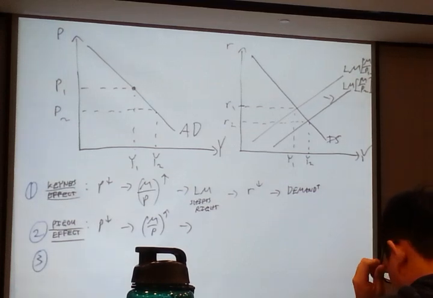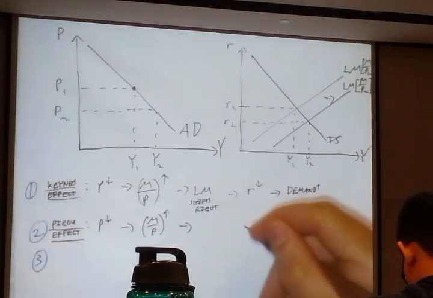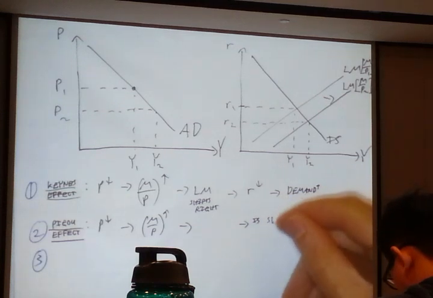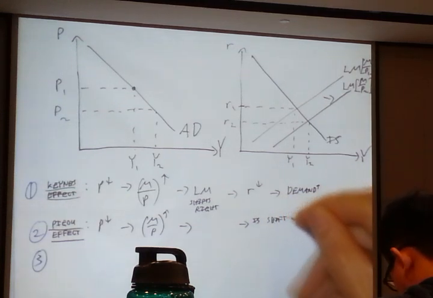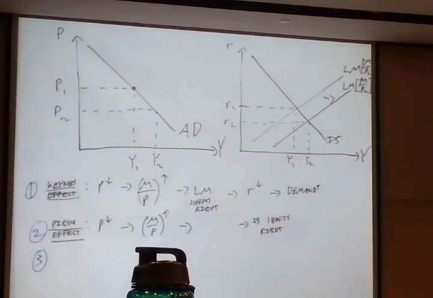Which curve shifts? There's another way of asking this. Yes. So the IS curve will shift right. If you had to explain why, what would you fill in this gap here?